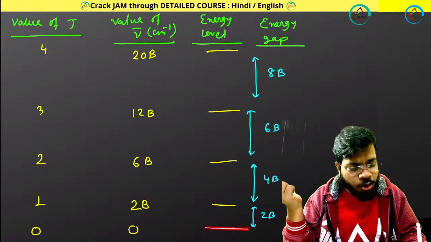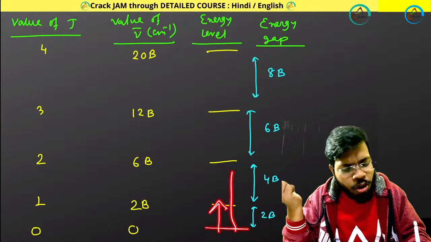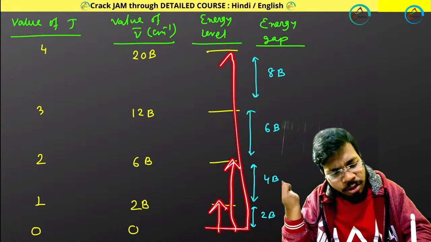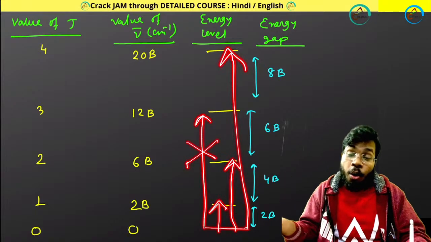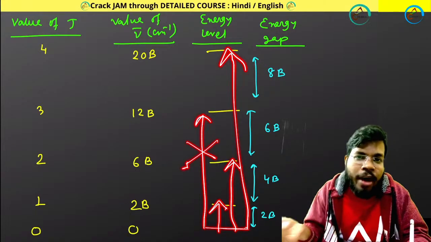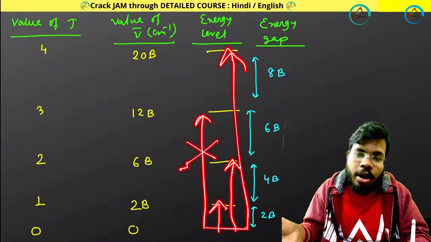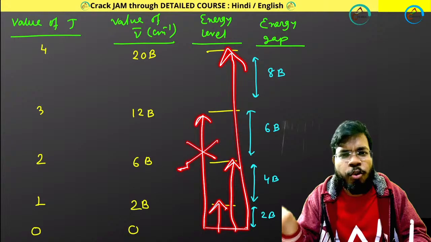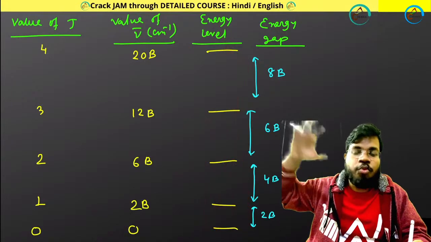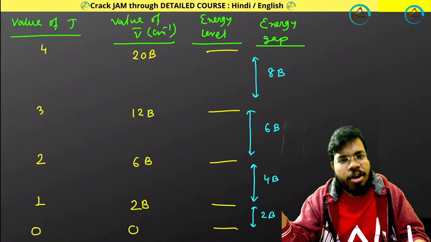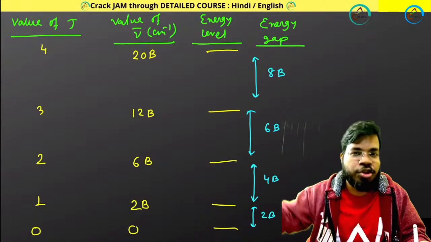The molecule can go from here to there, or from here to there, but the molecule cannot go from here to there. So how would you decide where your molecule can go and where it cannot go? From which rotational level can your molecule jump to another rotational level, and from which can it not?